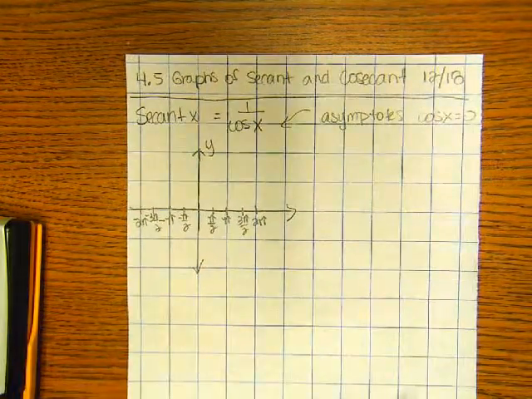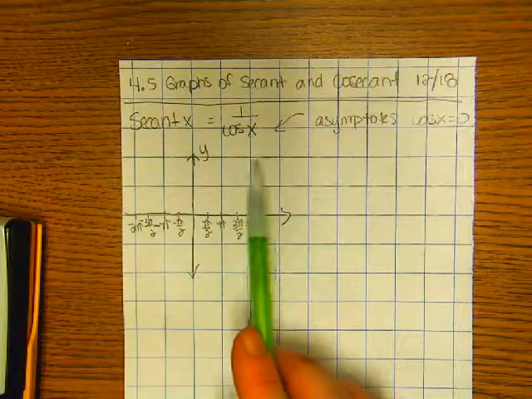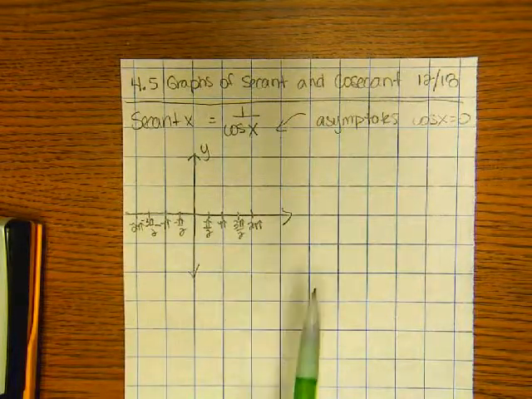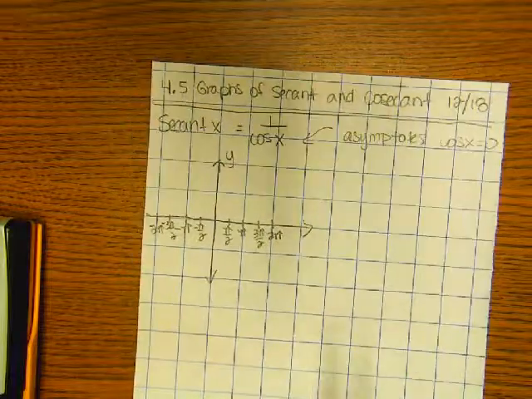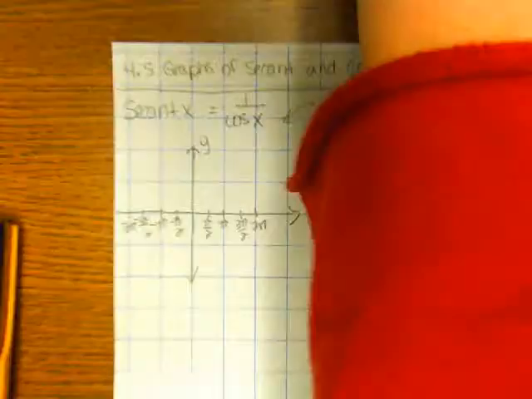By the way, sometimes I'll say cosine of x, sometimes I'll say cosine of theta. You can use those interchangeably. They mean the same thing, they're a variable.